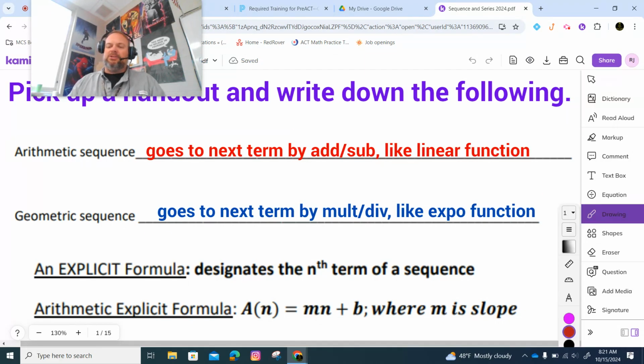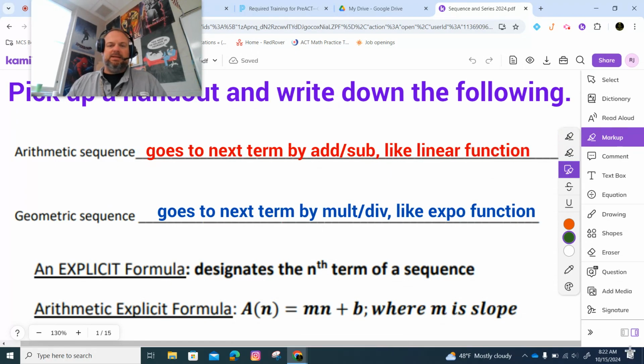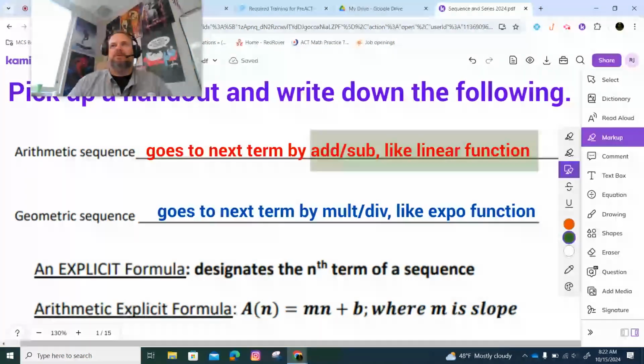Here's the big thing that you need to know: arithmetic is add, subtract, like a linear function. That's the big surprise.